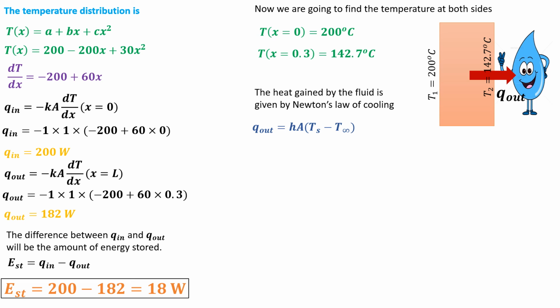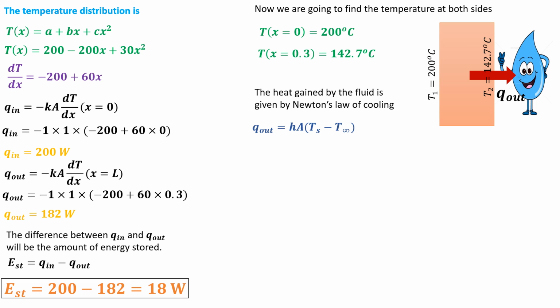H is the convection coefficient, A is the area perpendicular to the direction of heat transfer, T infinity is the temperature of the fluid, and it is given in the problem statement that T infinity is equal to 100 degrees centigrade.